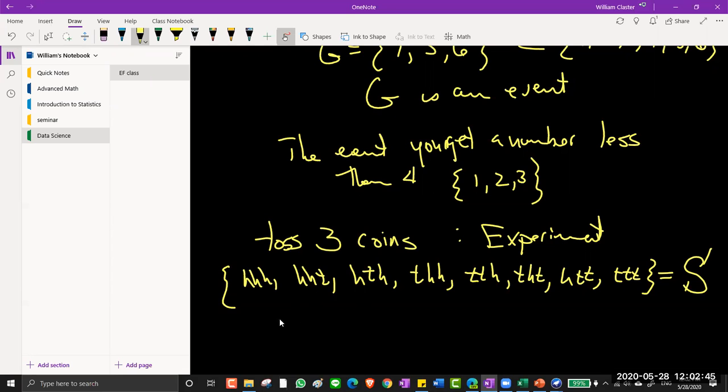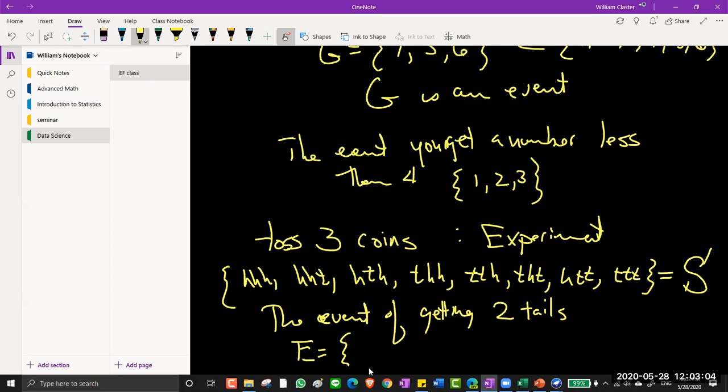So suppose I say the event of getting 2 tails. Okay, the event of getting 2 tails, let's call it E. So what is that?